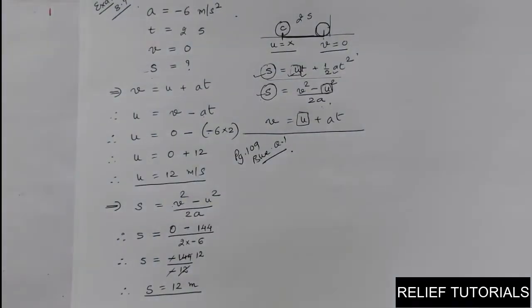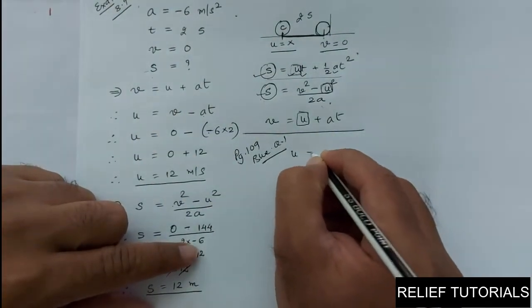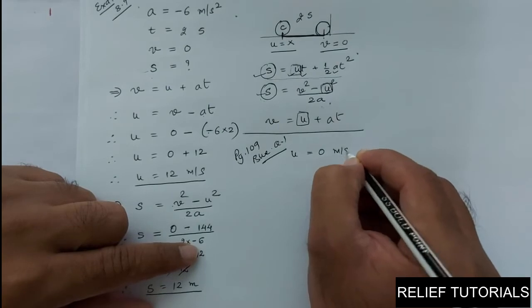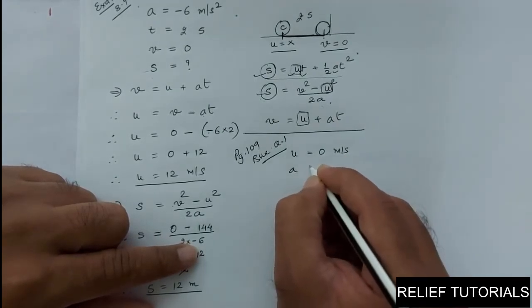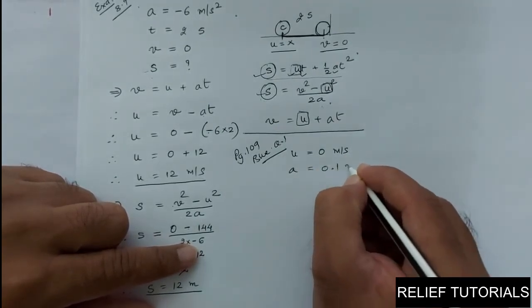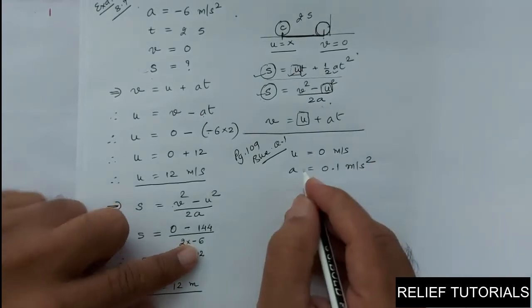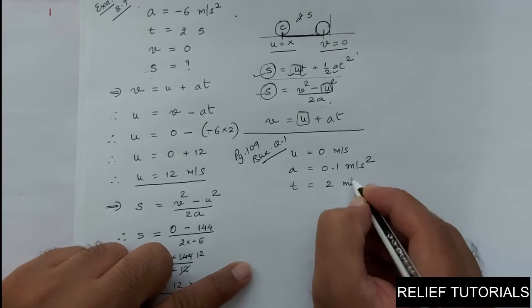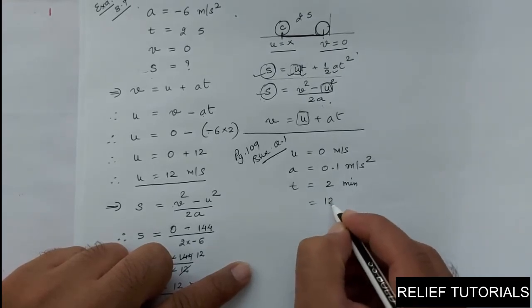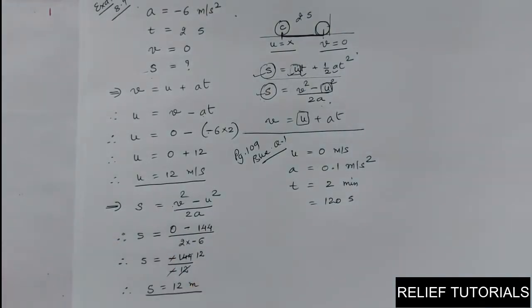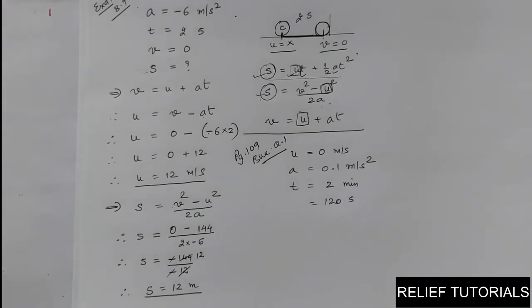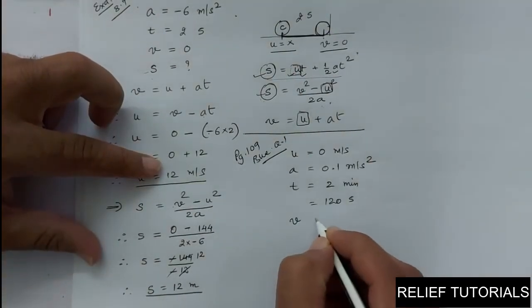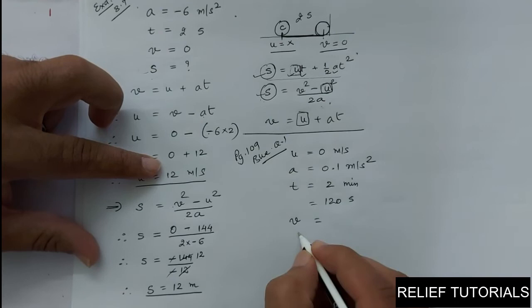The bus initially was at rest, so u is equal to 0 meter per second. It moves with the acceleration of 0.1 meter per second square for 2 minutes. So time t is equal to 2 minutes, and 2 minutes means 120 seconds. Find the speed acquired, means v is our question, and also s.